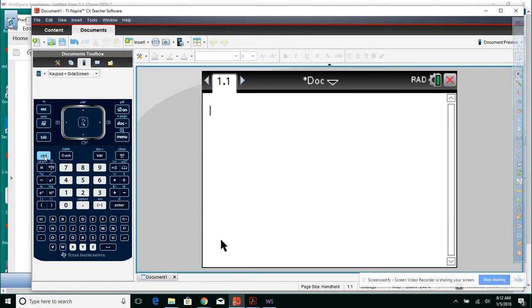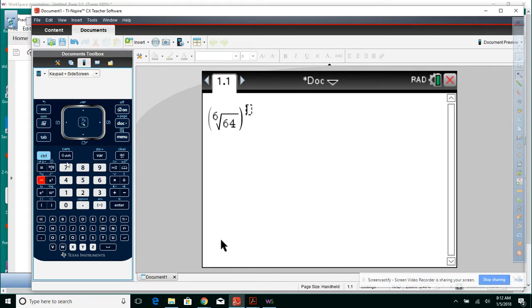You can write control and then square root, and then you put 6 root of 64. Then close parentheses, and that'll put it all in. And then caret 5.